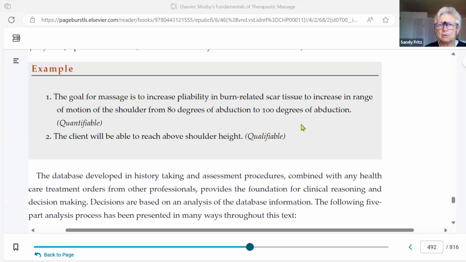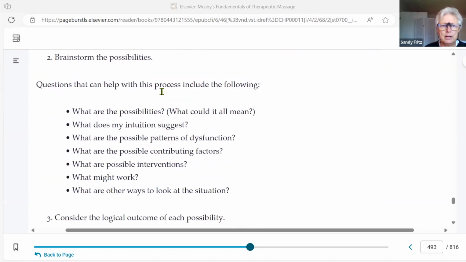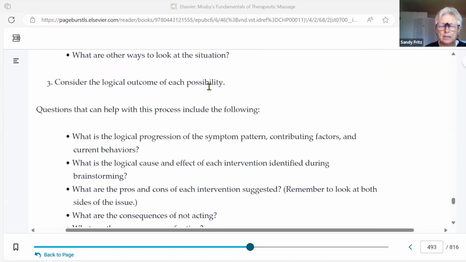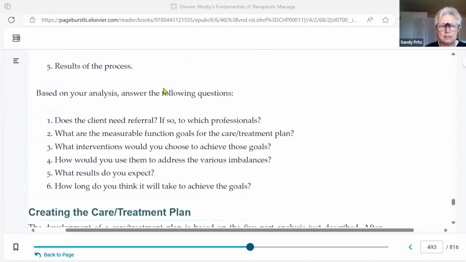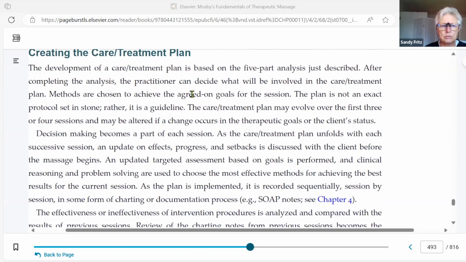This is what the person can do. They're functional. So here's a reminder on the critical thinking guidelines that have been presented throughout the text, and then how this all comes together to create a care and treatment plan.